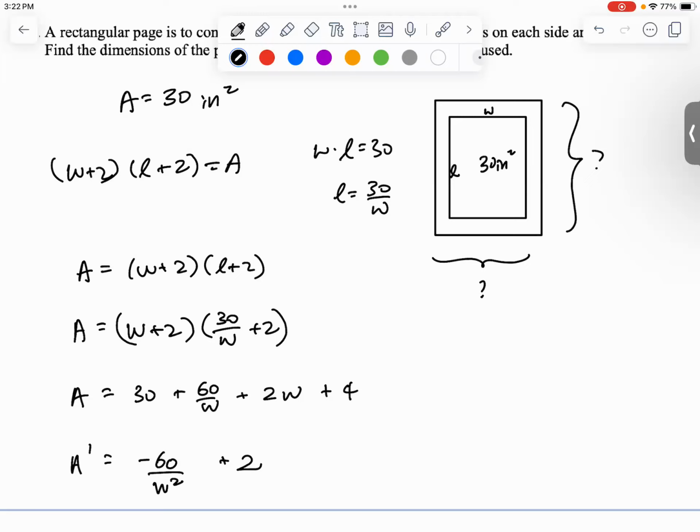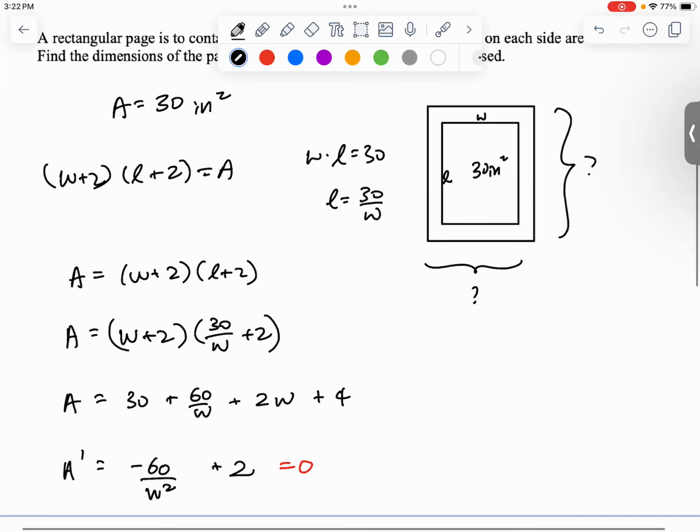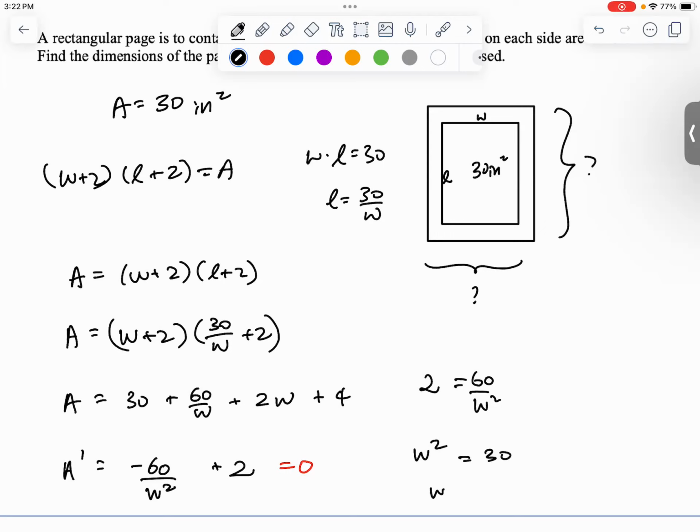Okay. All right. And then we say, we need to set this equal to 0 because we want to find out where the maximum or minimum is. And we say, negative 60 over W squared plus 2 equals 0, so 60 over W squared is equal to 2. So W squared is equal to 30. So W is going to be square root of 30.